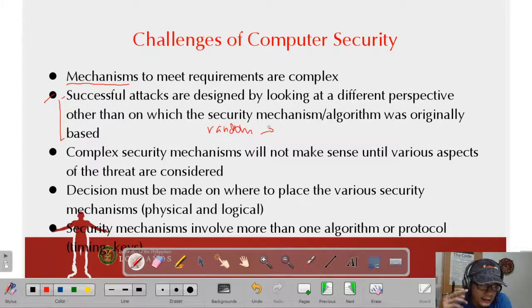So an attacker usually does not look directly at the mechanism or the algorithm. It tries to look for other ways of bypassing the security. A common one nowadays is called side channel attacks.